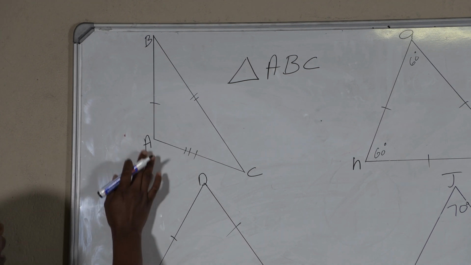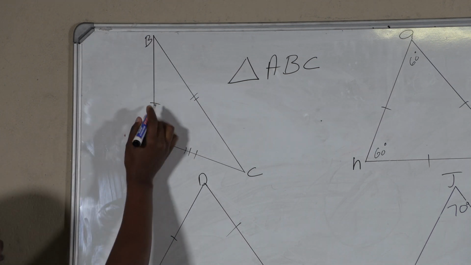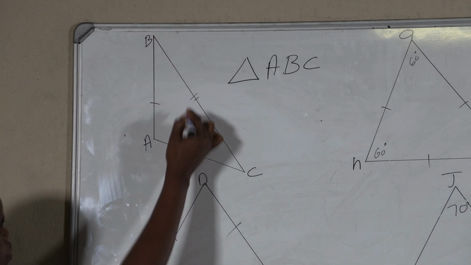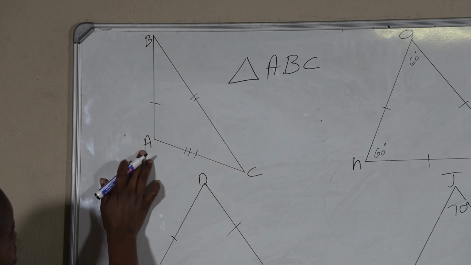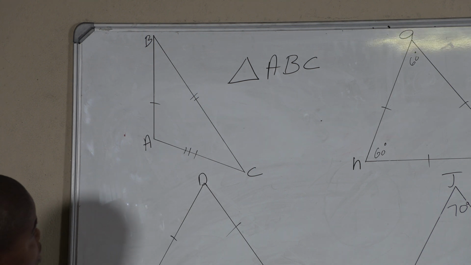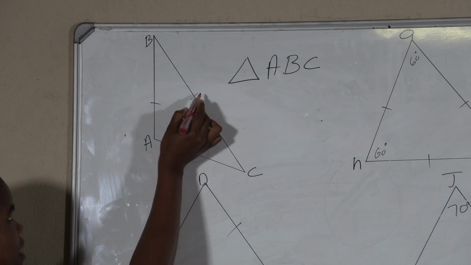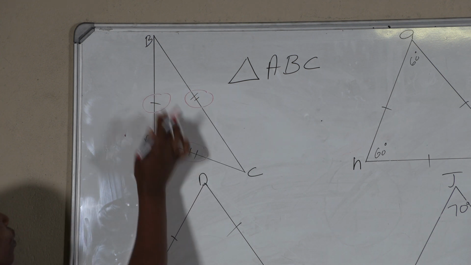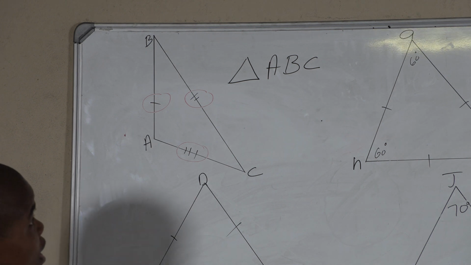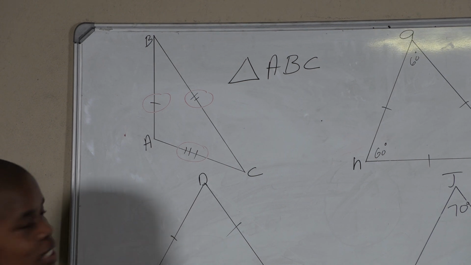Looking at side AB, it has got one line. Side BC, it has got two lines. And then side AC, it has got three lines. The lines that I'm talking about are these small strokes indicated here. So this kind of a notation mathematically indicates that all the sides are unequal.